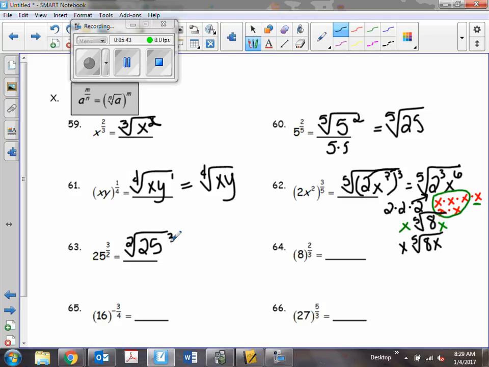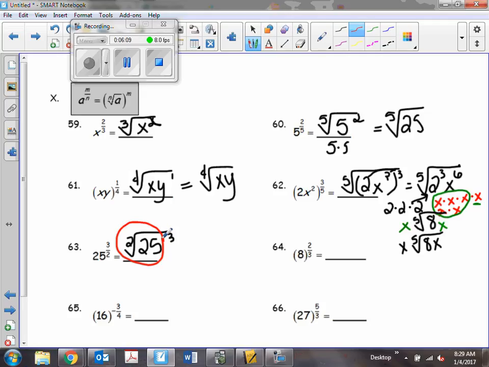Now there's a couple of different ways in which you can do this. Personally, for this one, I would go ahead and take the square root of 25 first, then apply that exponent of 3. And the main reason for that is because it'll make it a smaller number. If you do 25 to the third power, it's going to give you a very, very large number.